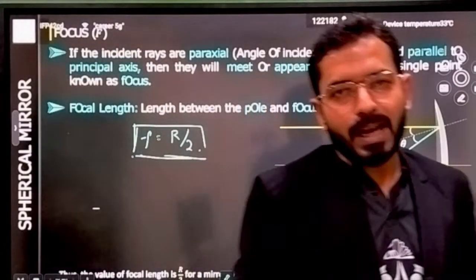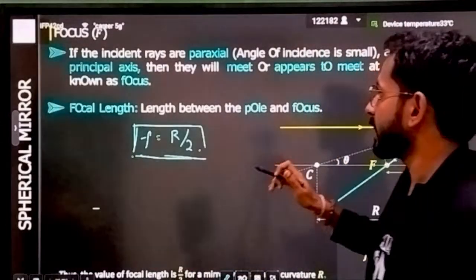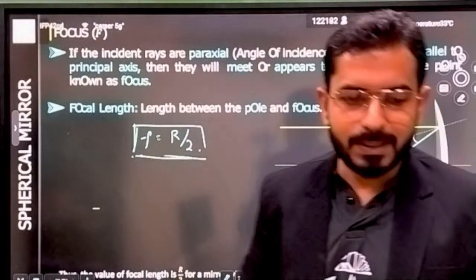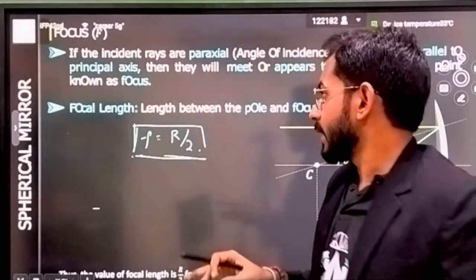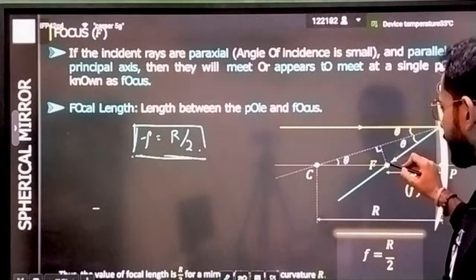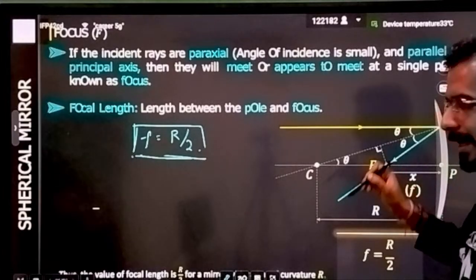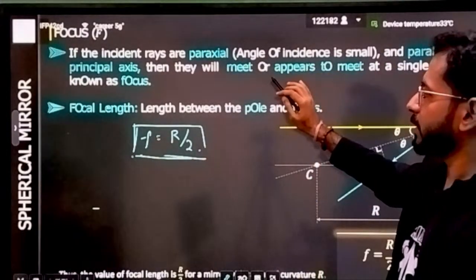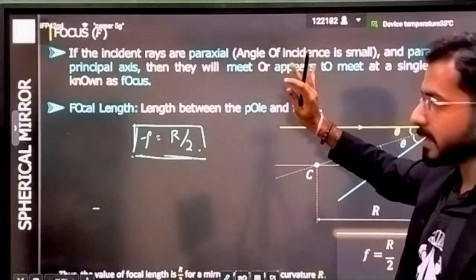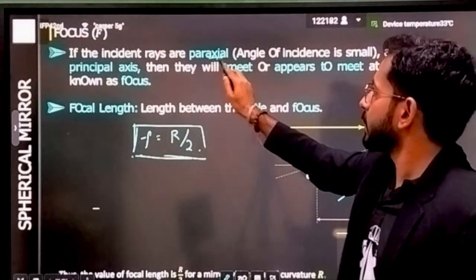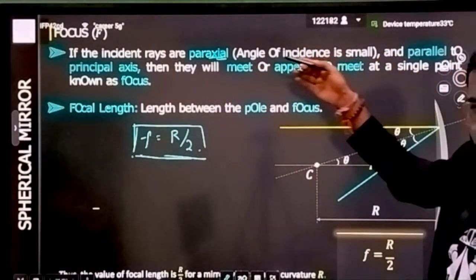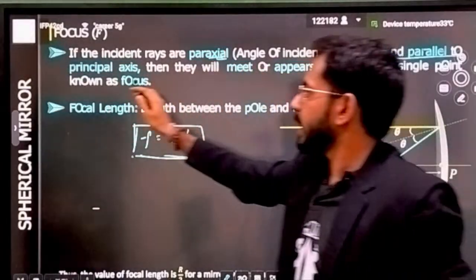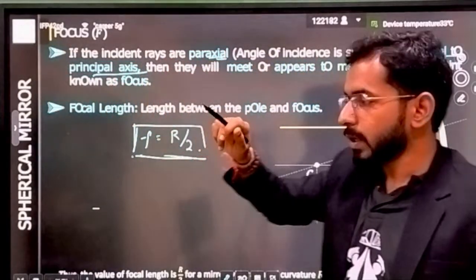When the incident rays are coming parallel, and the incident rays are paraxial with theta very, very small, then the point from where the rays pass after reflection is called the focus. Definition-wise, the first condition is that the incident rays should be paraxial, so the angle of incidence is small, and they are parallel to the principal axis.